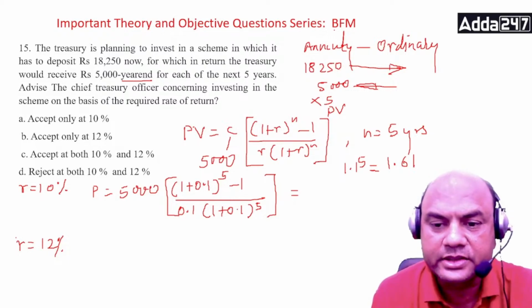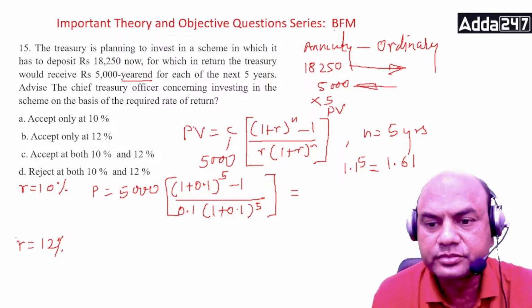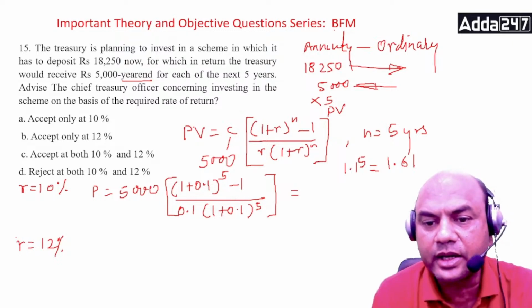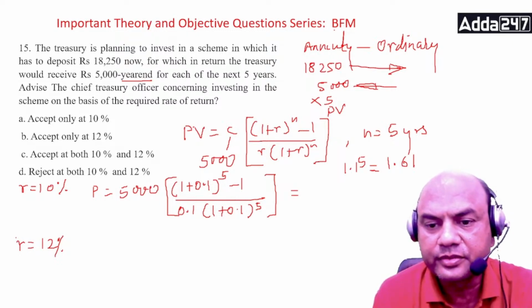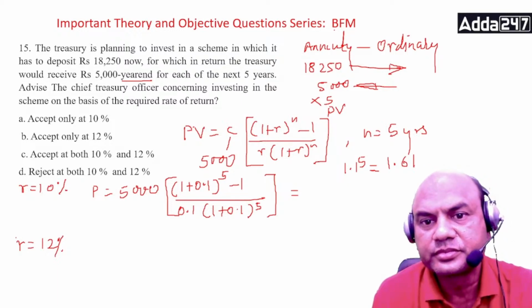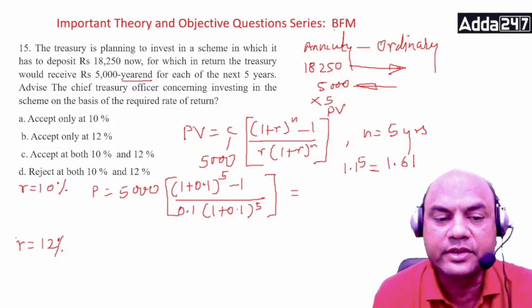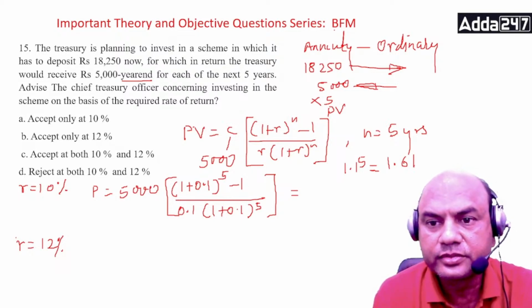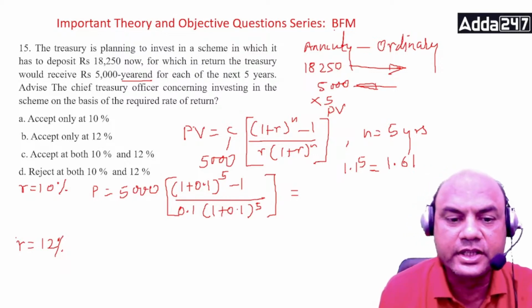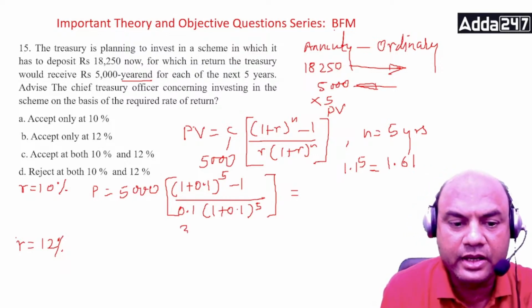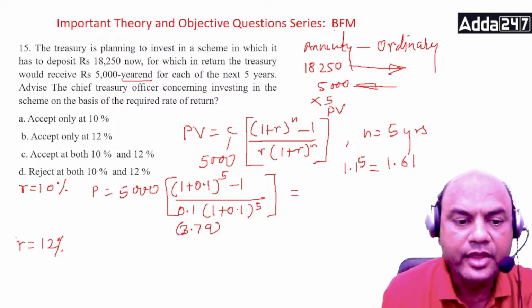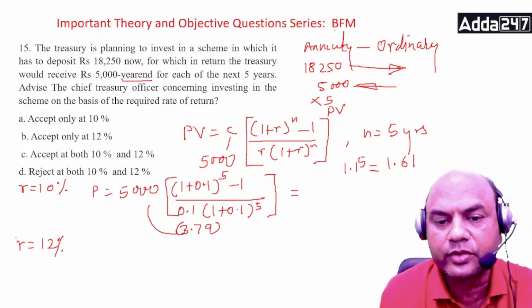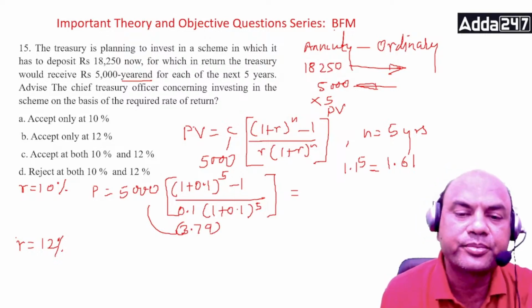Upon R, this is 0.1, upon again 1.61. So this part is coming out to be 3.79. So that into 5,000 now. If you multiply this, you'll get what?